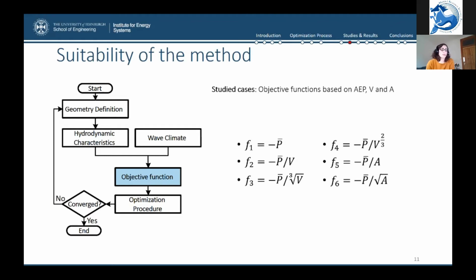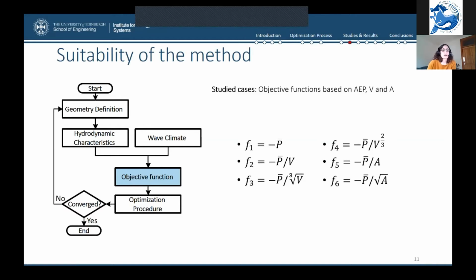And so what do these different weightings mean? In one case, we can see for objective function 3, for example, that I'm using the cube root of the volume. And this would be equivalent to defining a characteristic length of the device based on the volume.